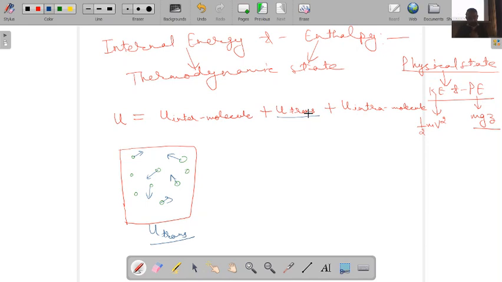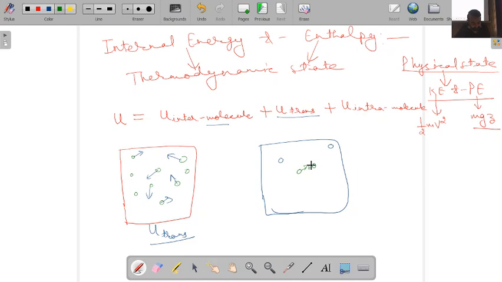Then comes U intermolecule. When two molecules are far apart, they will not have any interactions. Once these molecules come at a sufficiently close distance to each other, we will have some attraction forces between the molecules.